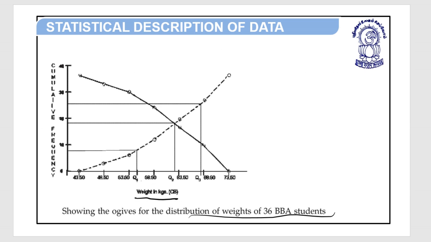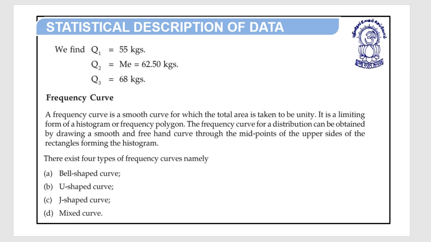Q2 at 62.50. This is not 63, this is 53. That is Q1 and Q3. Okay. We find Q1, Q2, Q3.